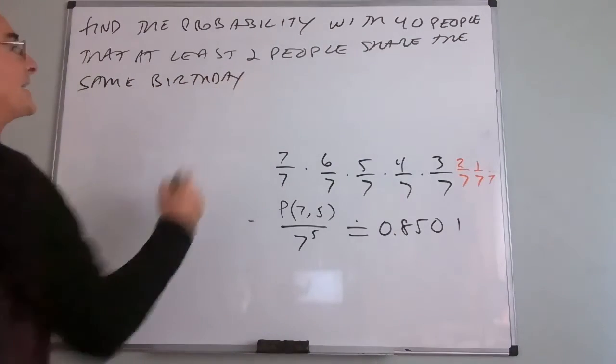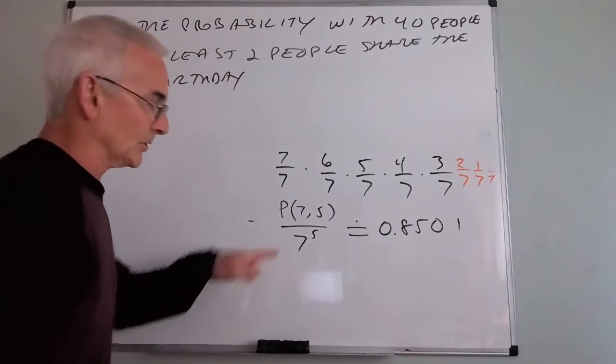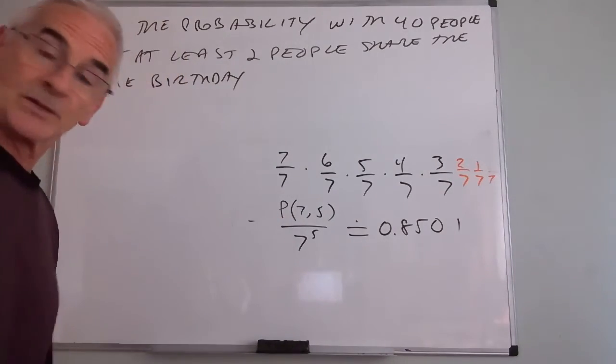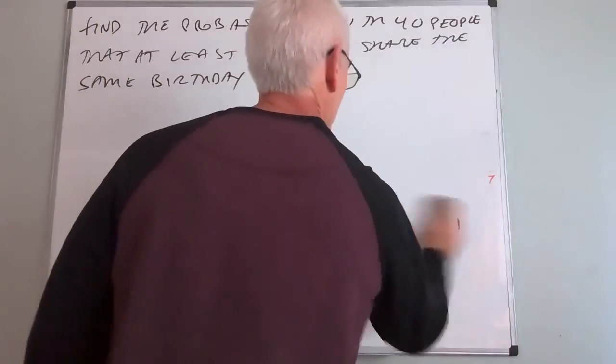Now, this will be a mind-numbing calculation, but I showed you a little trick. We can actually make it a really short calculation, as long as you have a good calculator.